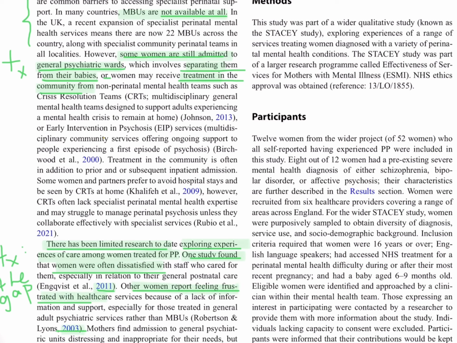You can see the different sites. We also learned that it's distressing, and that the women also say that it doesn't meet their needs. So, this is the gap, that there is limited research, even though we know that there's a problem in how the services are being delivered to women.